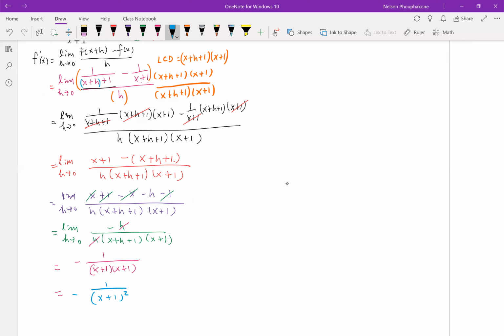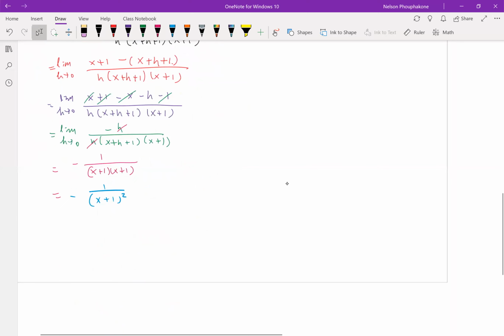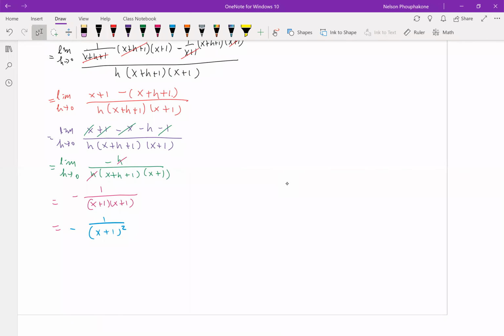And now, of course, I need to find f prime of x and f prime of 4. So f prime of x is equal to negative 1 over x plus 1 squared, and f prime of 4 is negative 1 over 4 plus 1 squared, so it's negative 1 over 25.